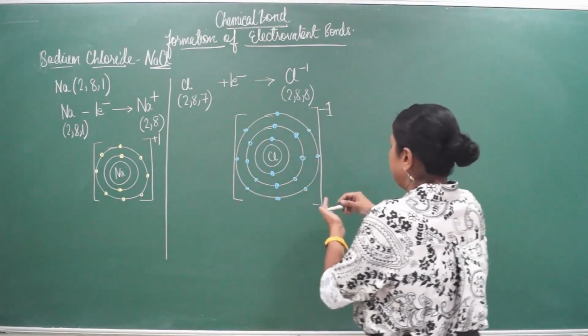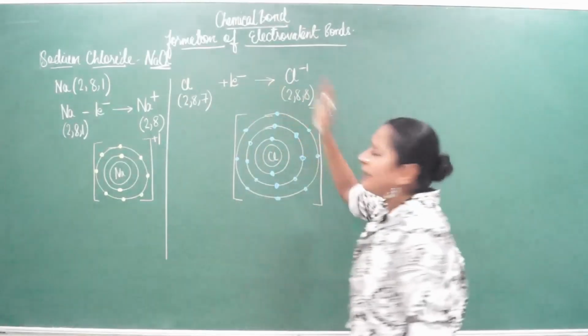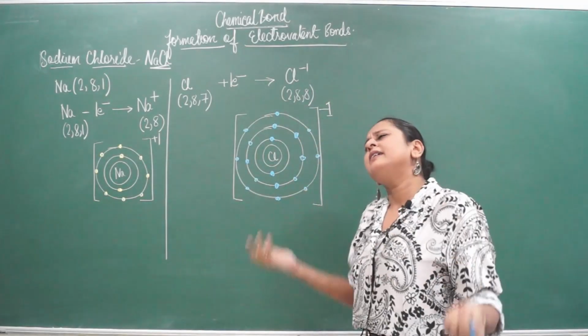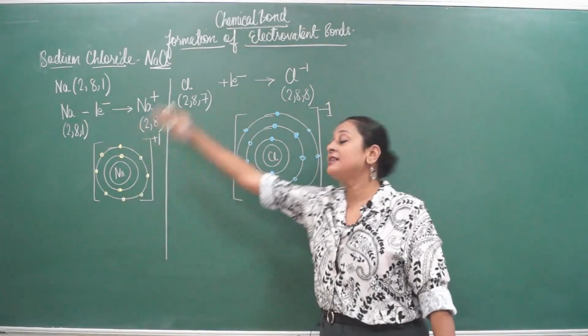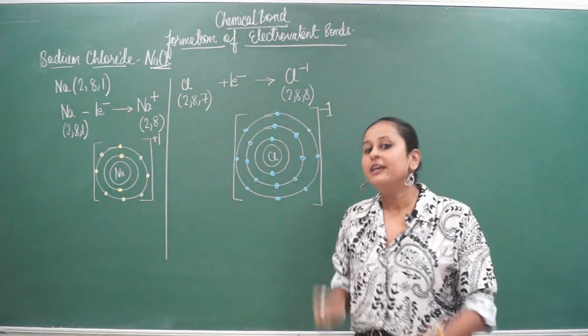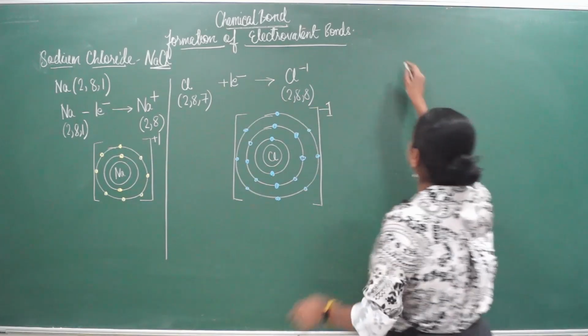So now one electron is accepted by chlorine. Okay, let us assume in an ideal situation that the electron which is lost by sodium is the same electron which is gained by chlorine. So how will the structure look?